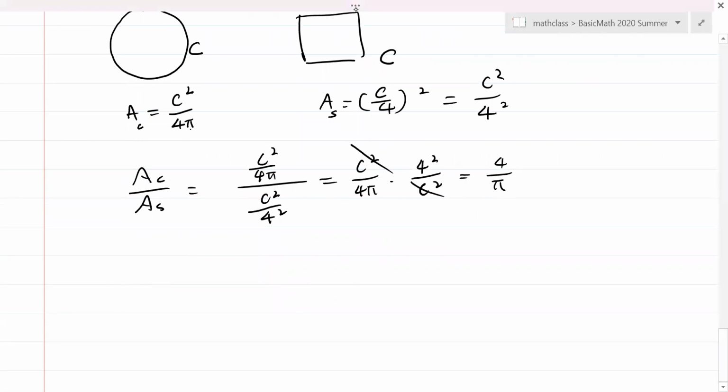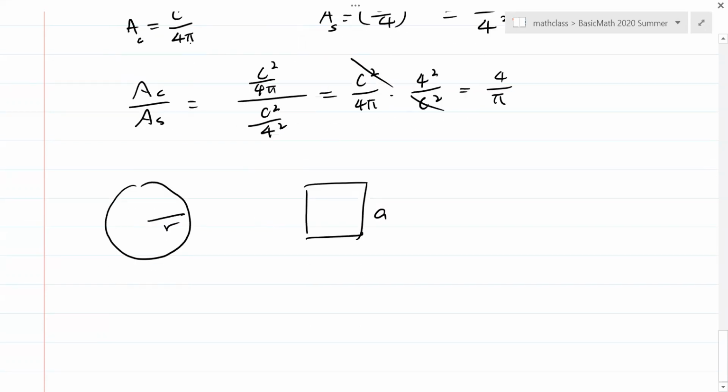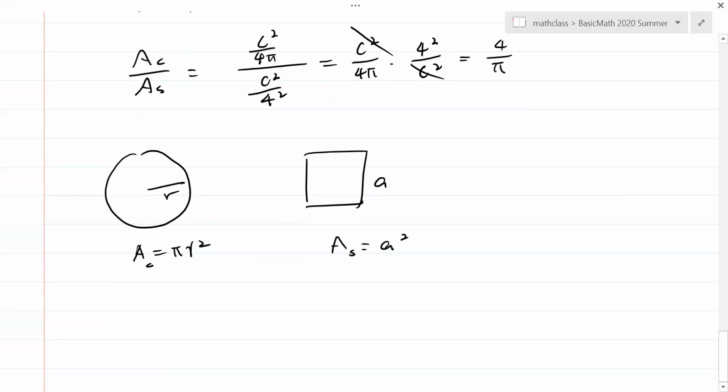Let's redo the problem step by step. Forget it, we only know the basic 2 formulas. So I calculate the area. The area of the circle is pi r squared. This is a circle, this is a square, so the area is a squared. We want to find the ratio.